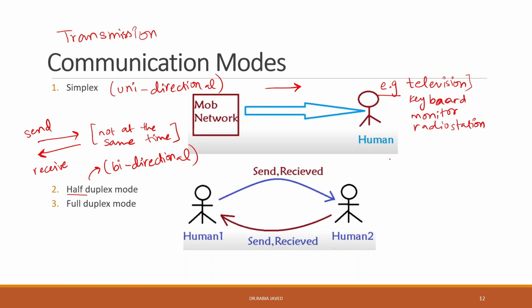For example, you are using a walkie-talkie. Your friend A is going to speak into that device, and then B is only going to hear it. After B has heard what A has said, after that he can start recording, which will be sent to A.